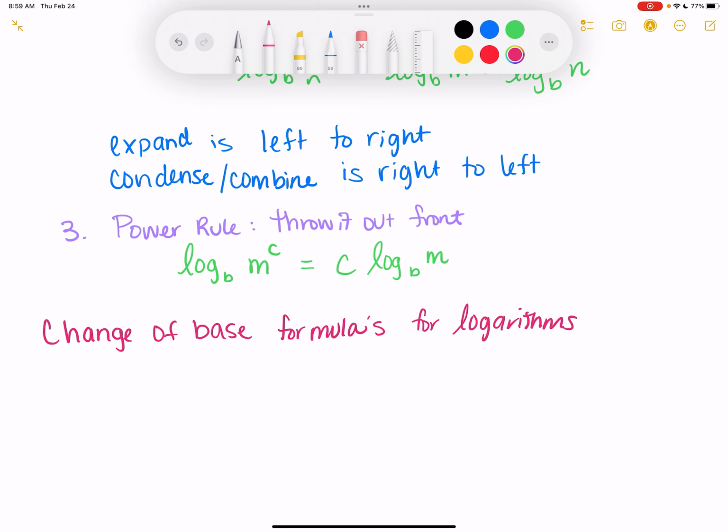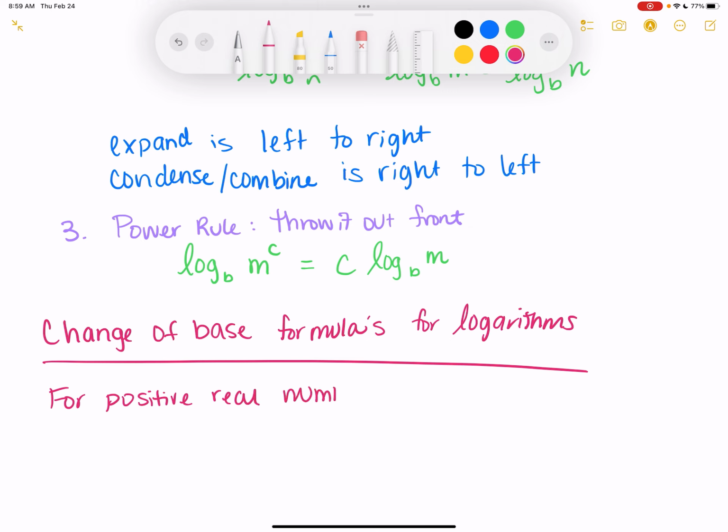So for positive real numbers a, b, and x, with a not equal to 1 and b not equal to 1.